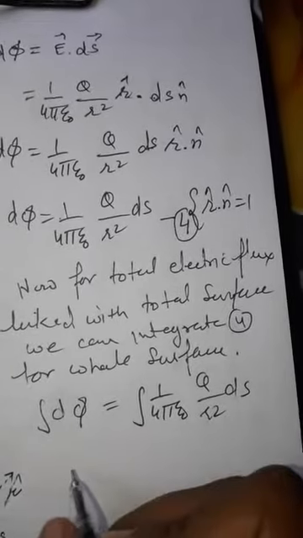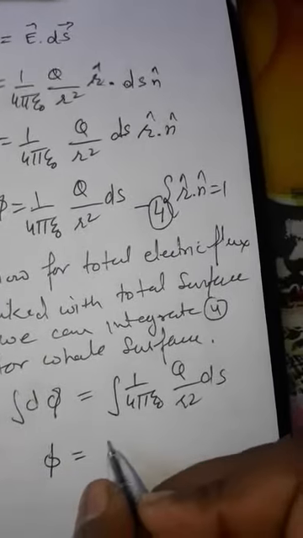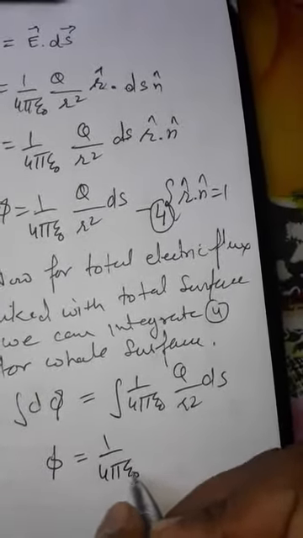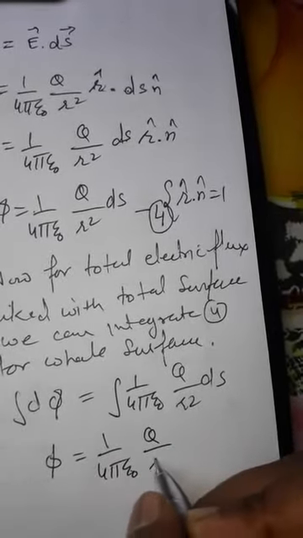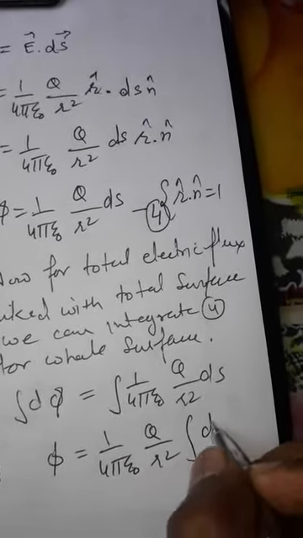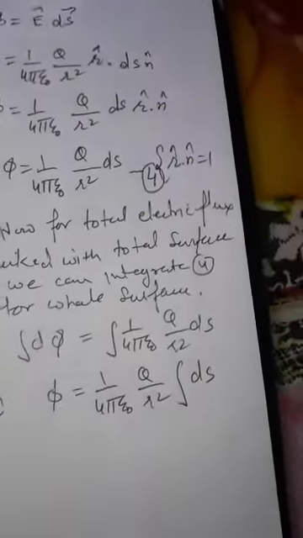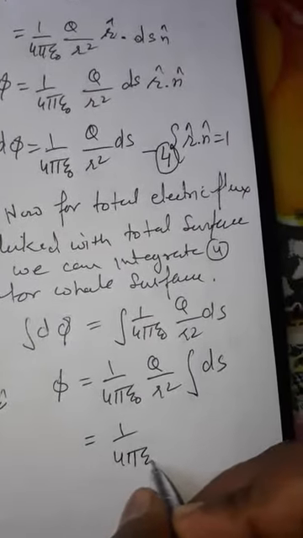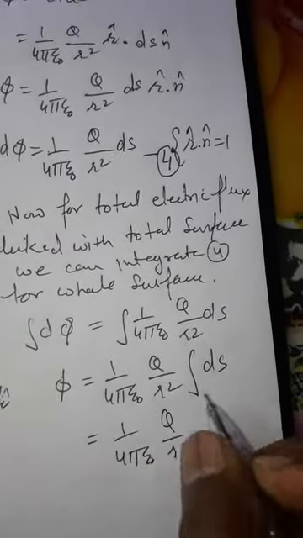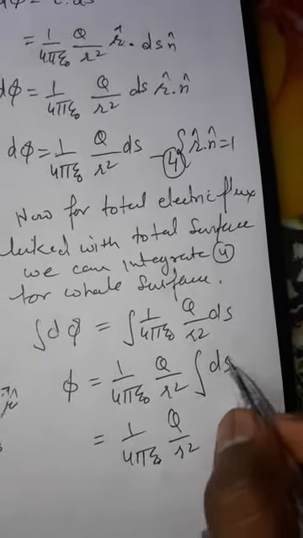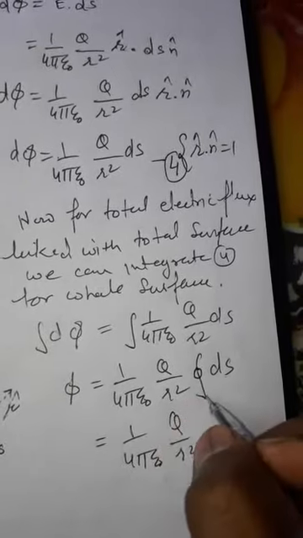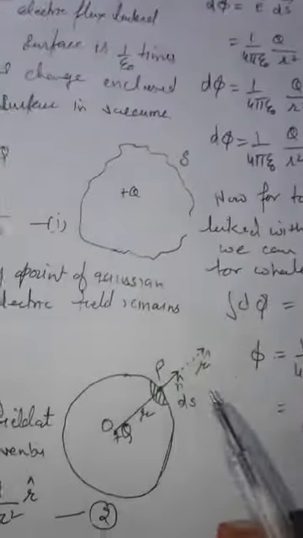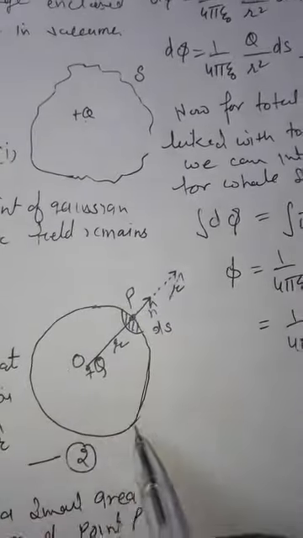As the total flux is phi, it must be written as 1 upon 4 pi epsilon naught q upon r square times the integration over the whole surface s, which is the surface of this sphere.